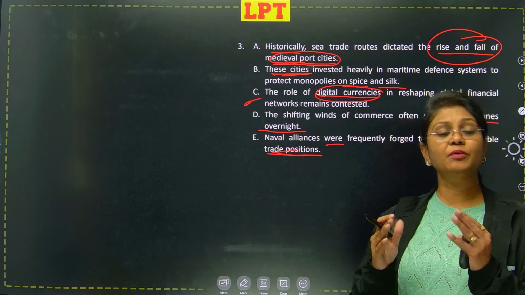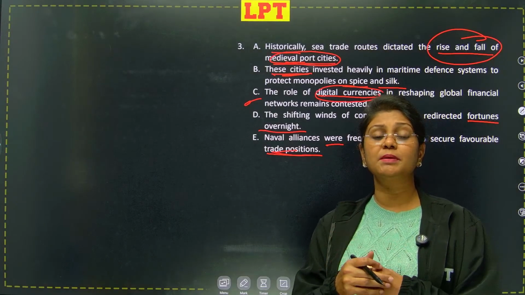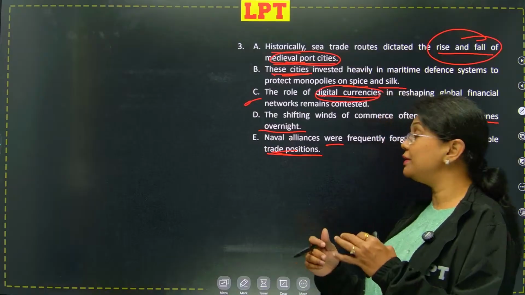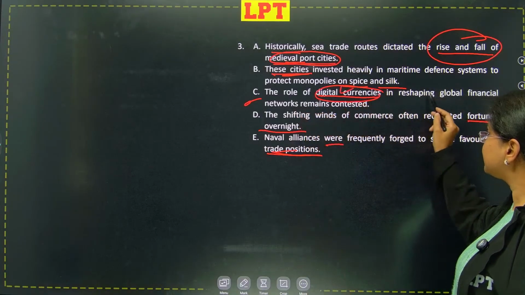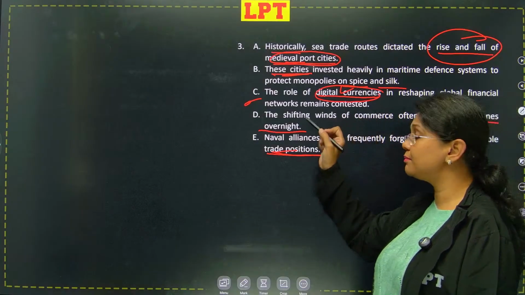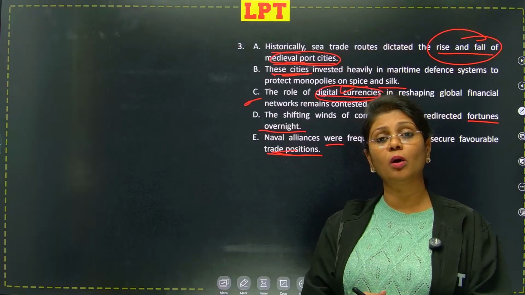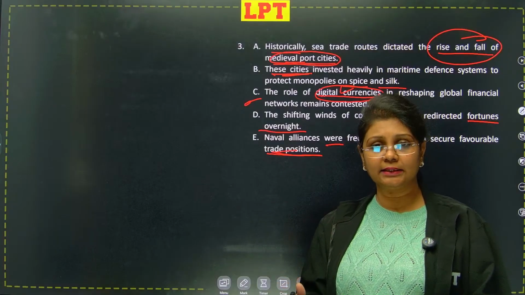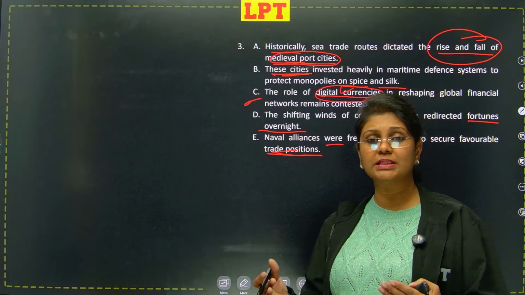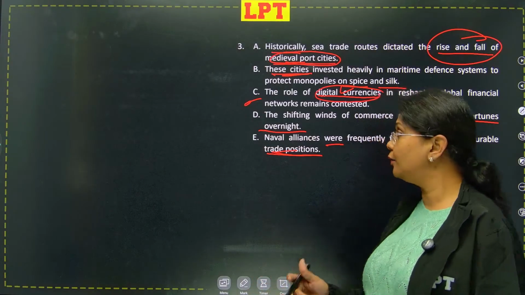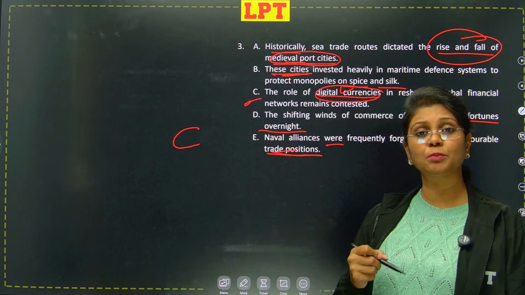If you have read these five sentences, I'm sure some people would have figured it out this way too, that statement C talks about digital currencies shaping global financial networks remaining contested, and in the remaining four sentences we have not talked about anything like this. Even if we don't go by the sequence of the sentences, we will still be able to figure out that most likely statement C has to be the odd one out.